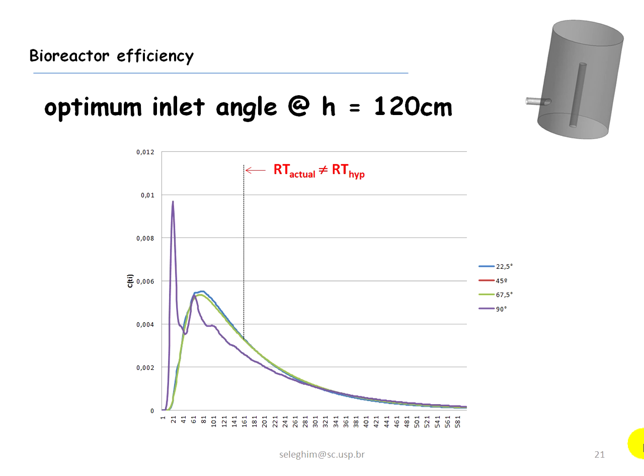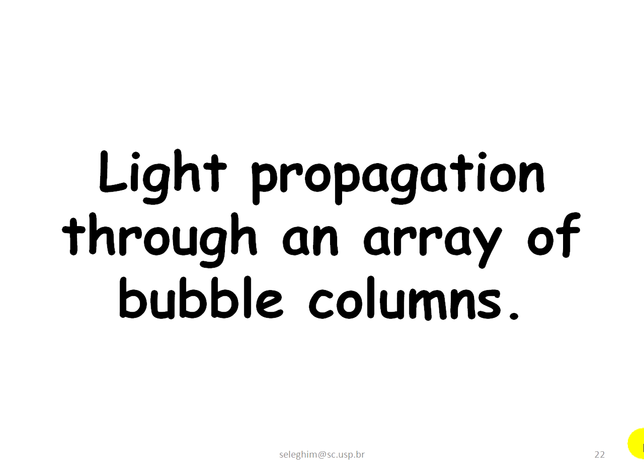This is the worst distribution. An important thing is that the actual residence time is completely different compared with the hypothetical one. And by changing the angle, you see that these distributions collapse into an optimum one here. So the CFD platform is changing automatically the geometry of the reactor in order to enforce a thinner residence time distribution.